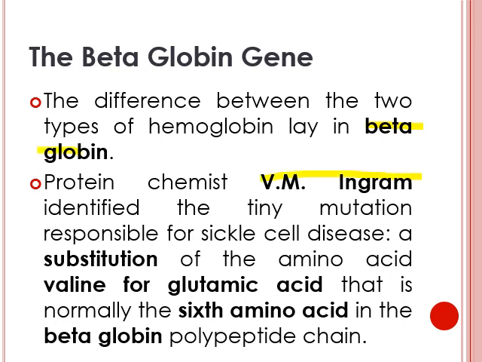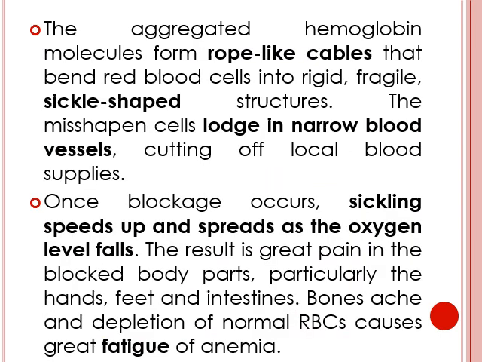Vernon Ingram identified the tiny mutation responsible for sickle cell disease. It is the substitution of the amino acid valine for glutamic acid, which is normally the sixth amino acid in the beta globin polypeptide chain. The aggregated hemoglobin molecules form rope-like cables that bend red blood cells into rigid, fragile, sickle-shaped structures.